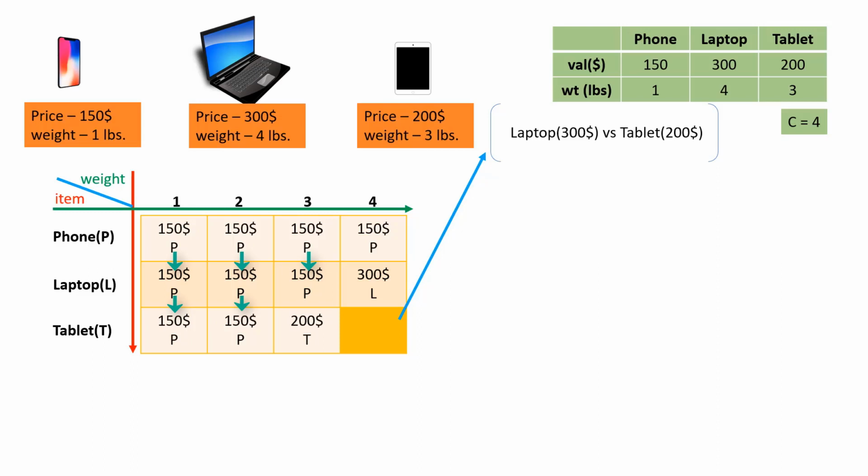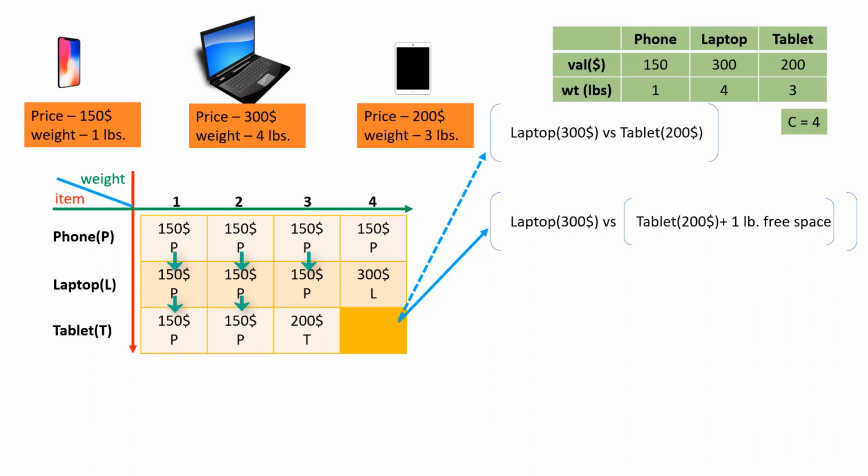If you take the laptop worth $300, you will only get the laptop. But if you choose the tablet worth $200, you will be achieving something which is not visible here. What is that? You will be getting 1 lb of free space because the tablet weighs 3 lbs.